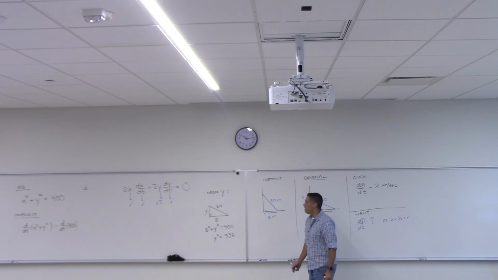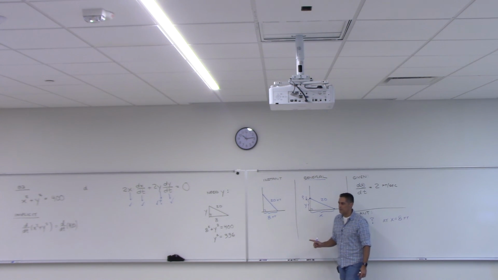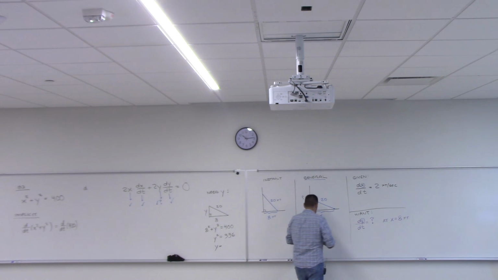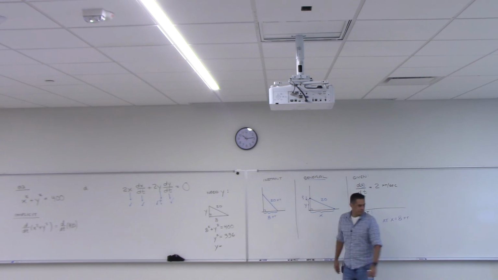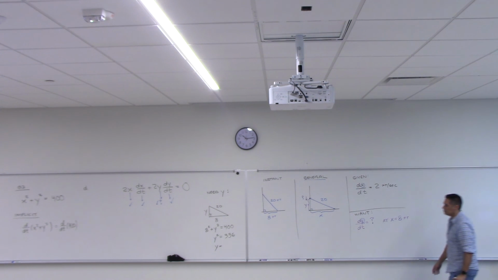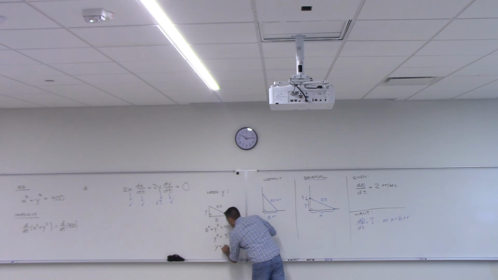Let's go ahead and do that on a calculator. Take the square root of that, and let's get a decimal answer. So someone please, if you could, take the square root of 336. Got it? 18.33?